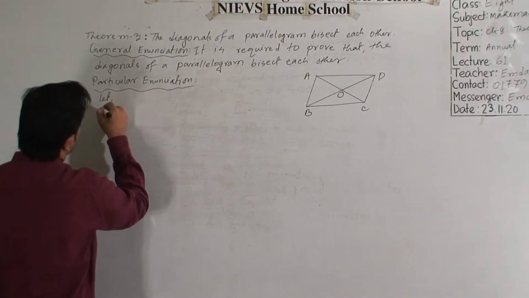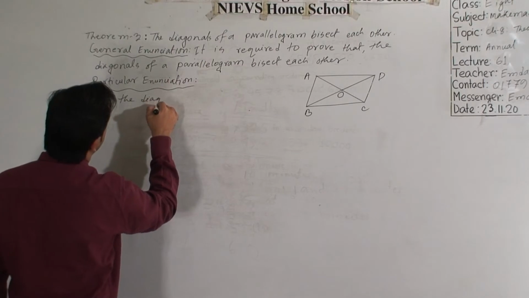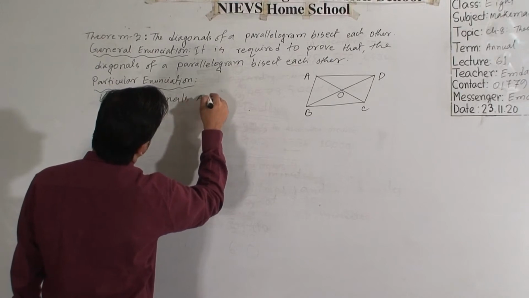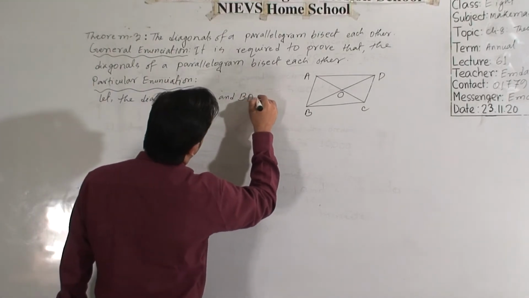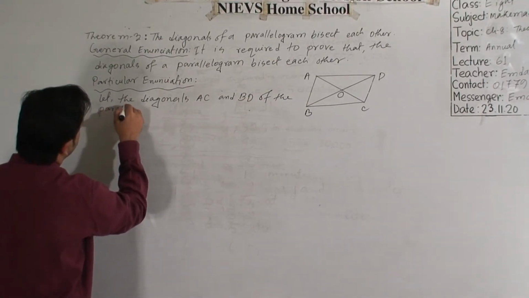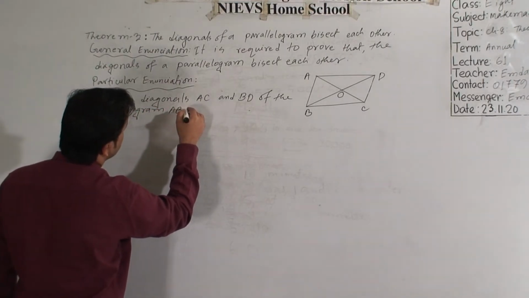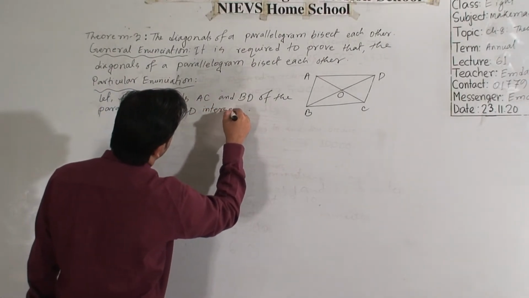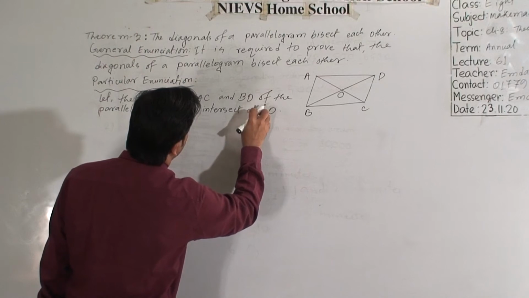Let or suppose the diagonals AC and BD of the parallelogram ABCD intersect each other at O.